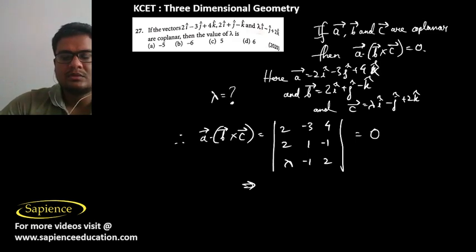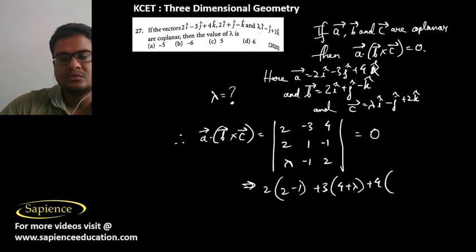So this will be equal to 2 into 2 minus 1, minus of minus 3, that is plus 3 into 4 plus lambda, then plus 4 into minus 2 minus lambda, that will be equal to 0.